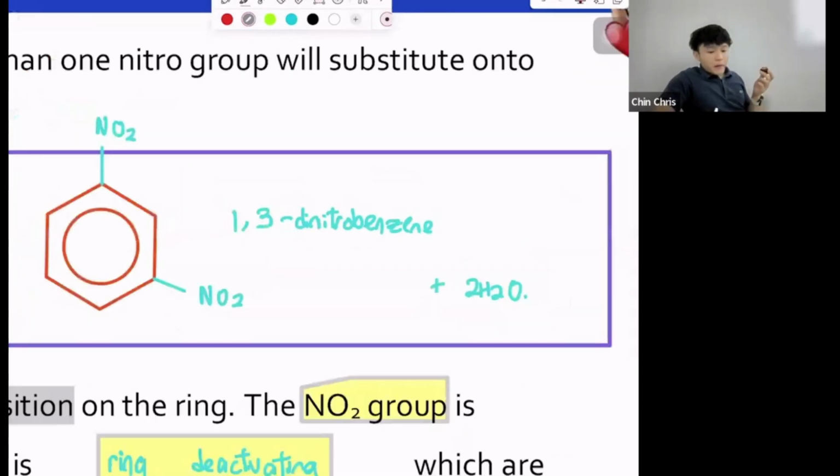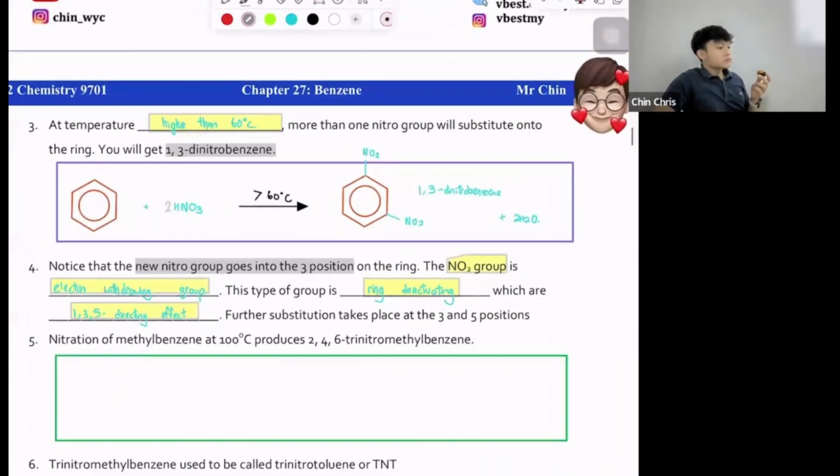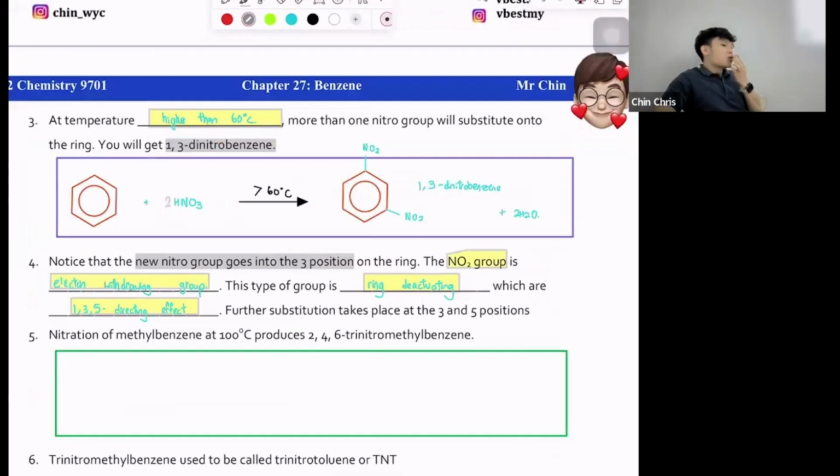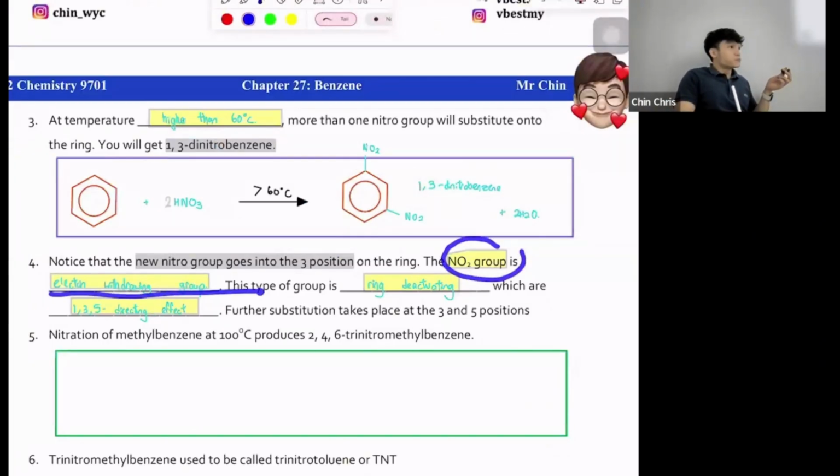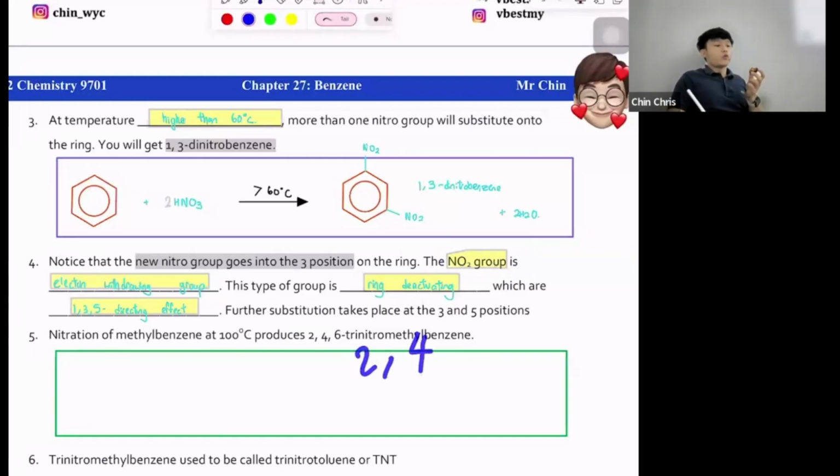This is number one hitter for everything, bro. Well, 1, 3 now, because NO2 group is an electron withdrawing group. Yeah, so 1, 3. Electron donating 2, 4. Electron withdrawing 1, 3.